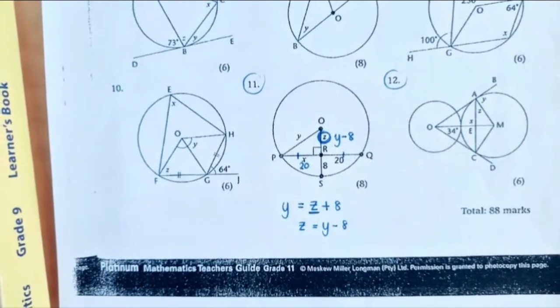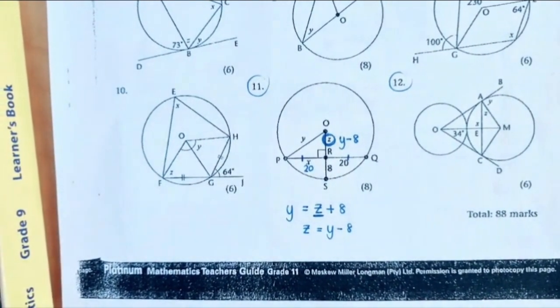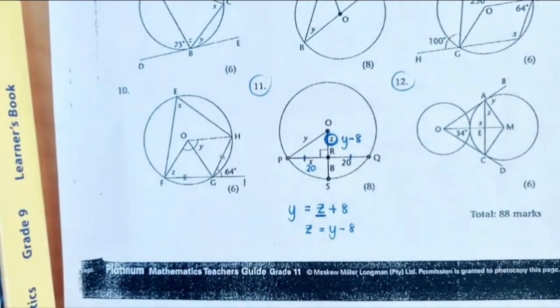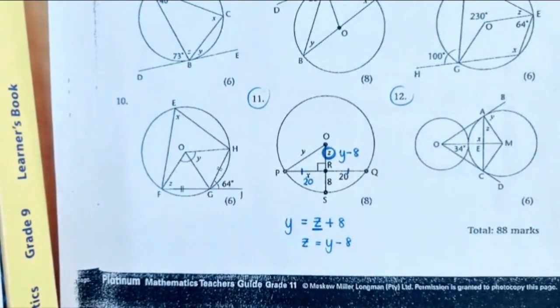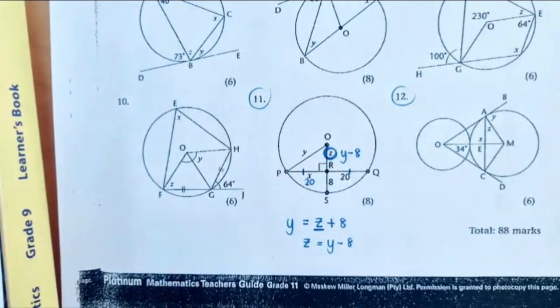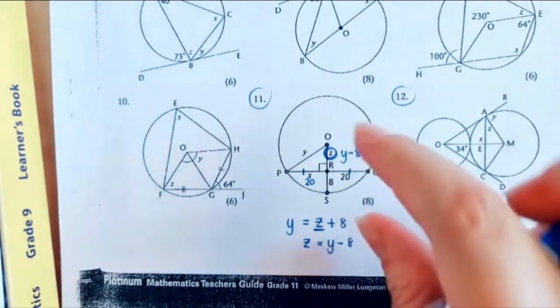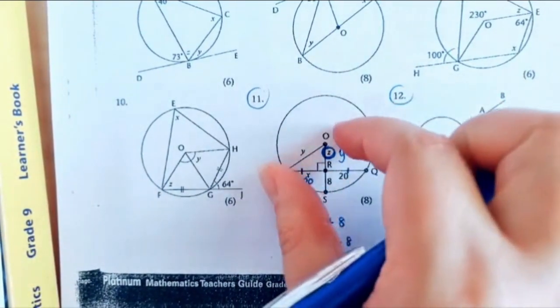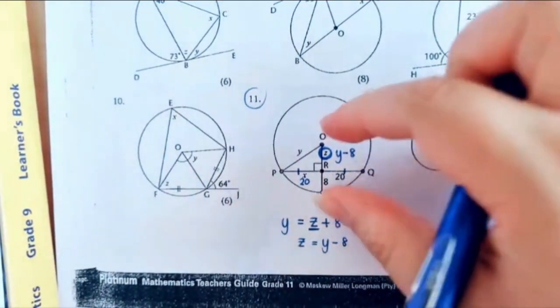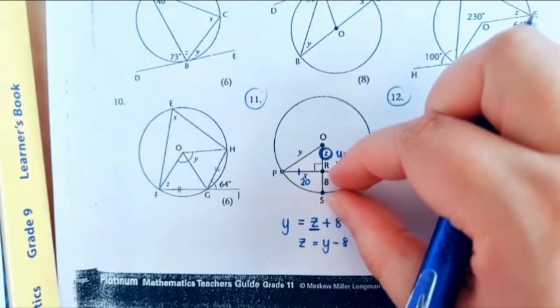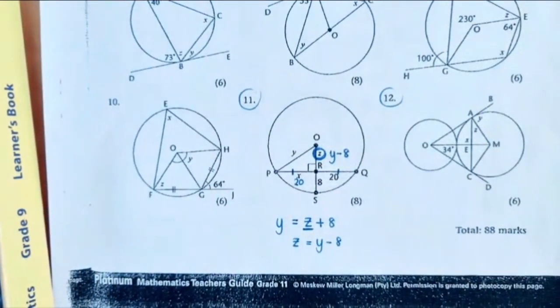I don't have a z as well. Because if we have a y and a z, we can't possibly solve for y. Okay, so let's see how that works out. I'm going to first just say that z is equal to y minus 8. And the reason for that, guys, is just because these two lines are both radii. So I'm just going to say that z is equal to y, the whole radius, minus 8. That part will give me z. And the reason is radii.